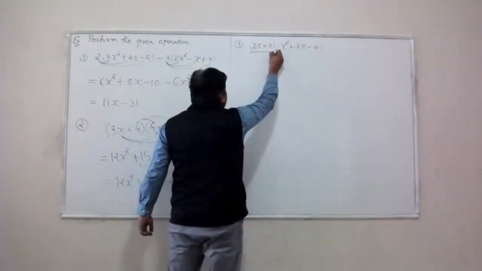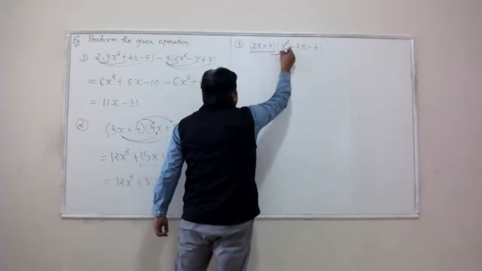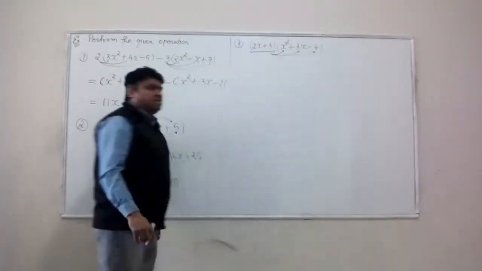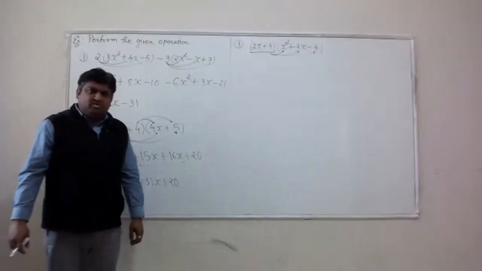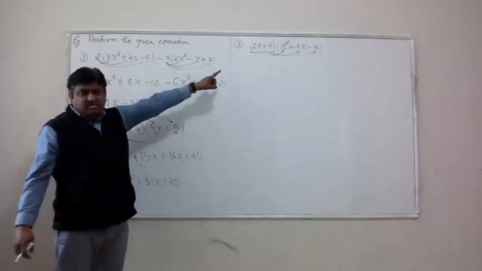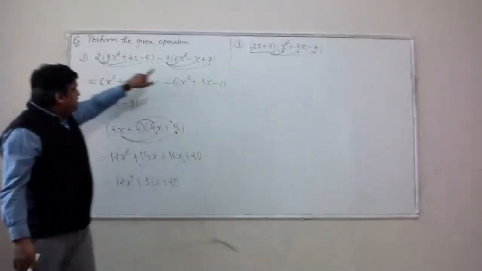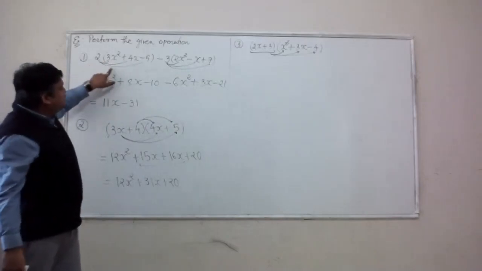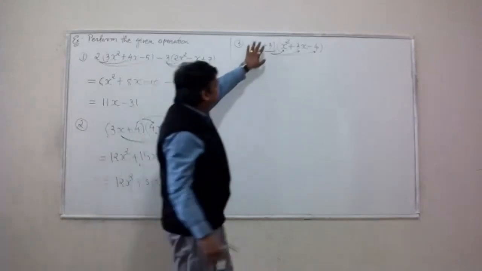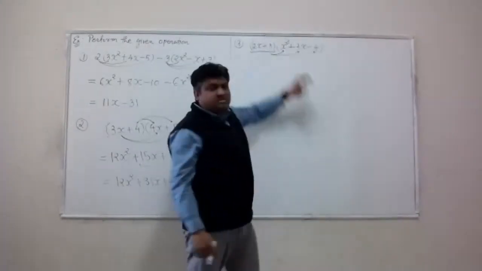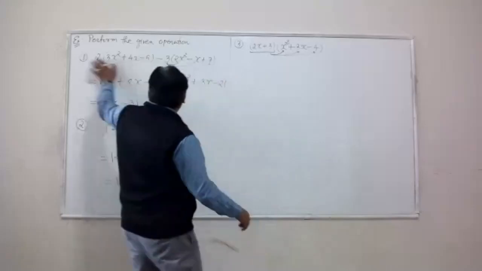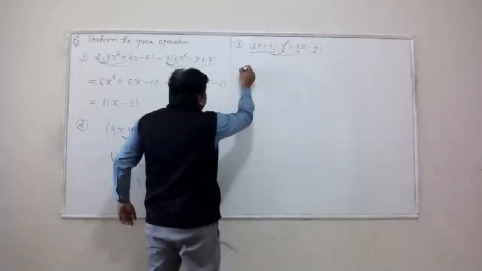I'm going to distribute this factor over the first term, over the second term, over the third term. Or you can use the method similar to the FOIL method. The reason why I'm saying that is because I already did it here in the first example. Look, I distributed 2 over all these three terms. So imagine that this is the entry similar to 2, right? Do exactly the same thing that you did here with 2.